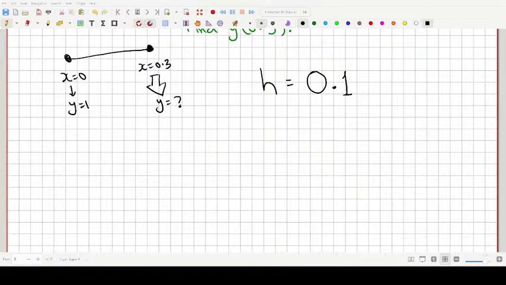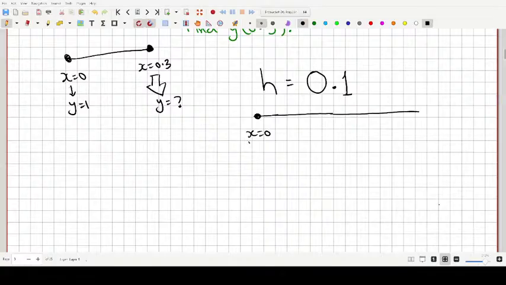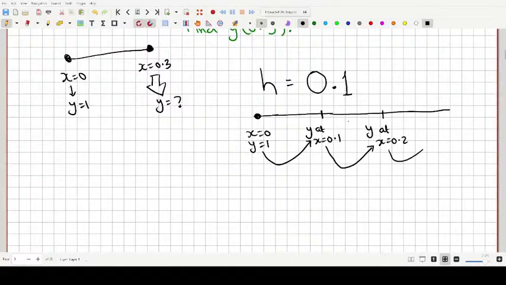In the process of the solution, we will use the y equal to 1 value at x equals 0 to find the value of y at x equals 0.1. This is the first step. Then using this value of y, we finally find the value of y at 0.3.